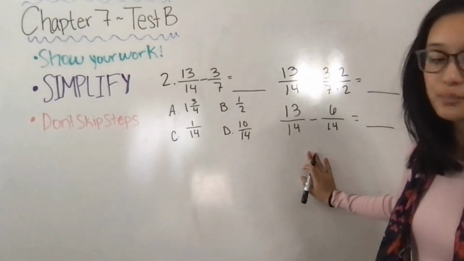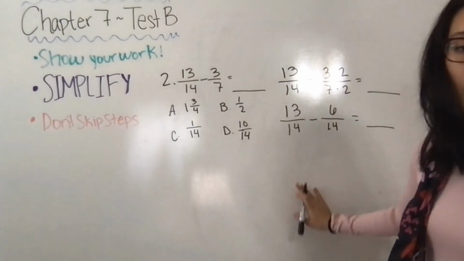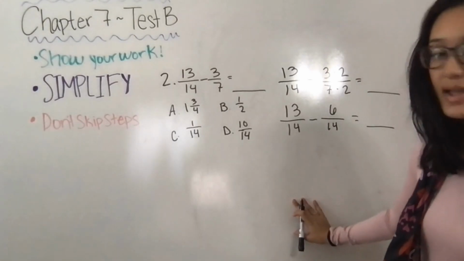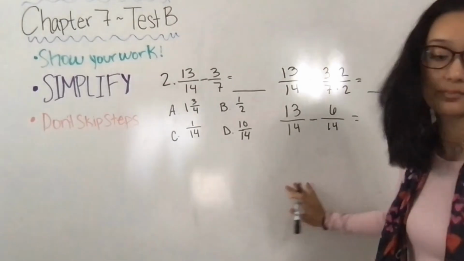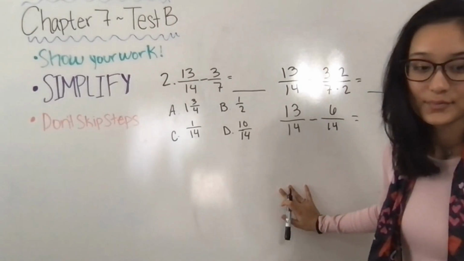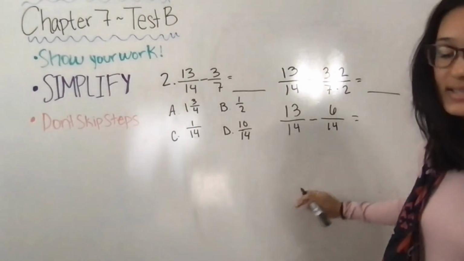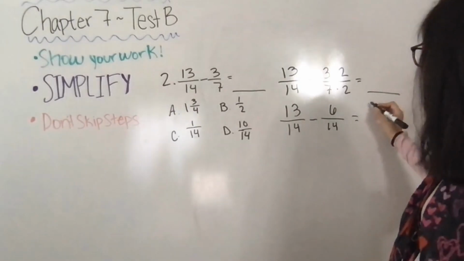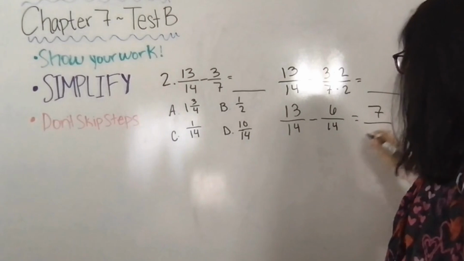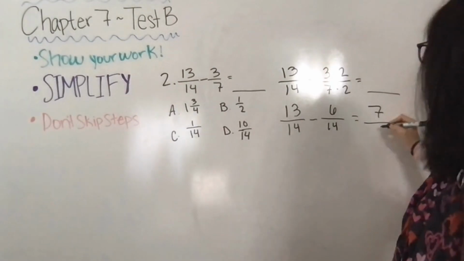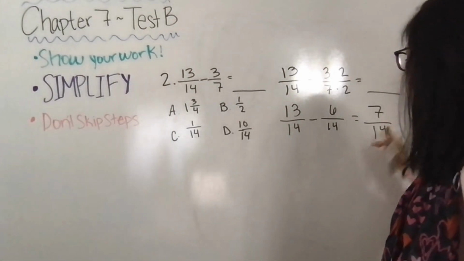Now you know that 13 minus 6 is what? 13 minus 6 is 7. And your bottom denominator is 14.